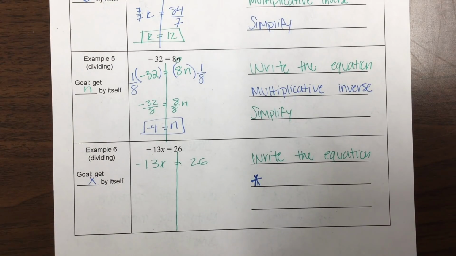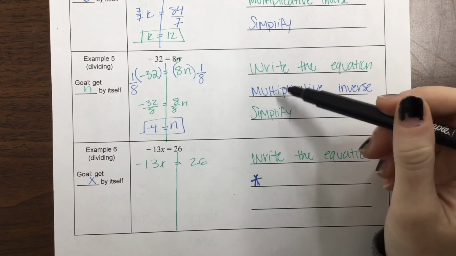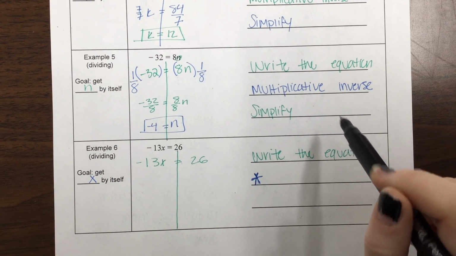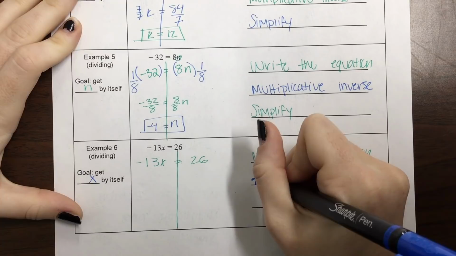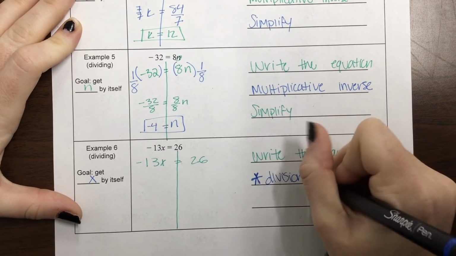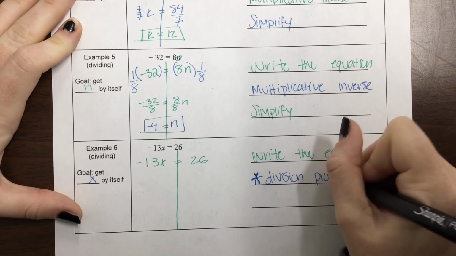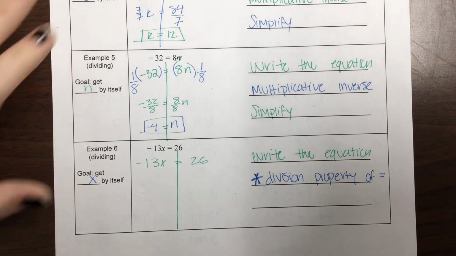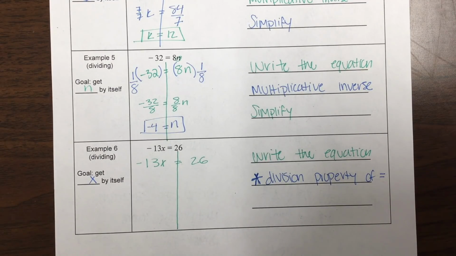I just want to show you a different way other than multiplying by the multiplicative inverse. Instead of using that, we're going to divide, and this is going to be the division property of equality. Just like the addition and subtraction property of equality, it's just saying you're dividing by the same thing on both sides.